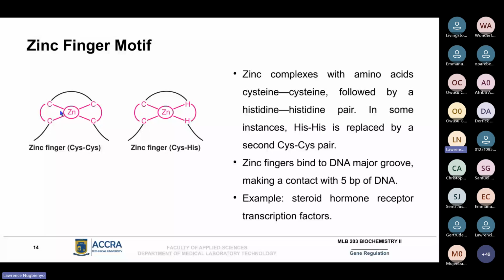The protein molecule, part of it represented with the black lines, has the central zinc ion at the center, and along the strand of the protein, you have the amino acid cysteine at some portion.